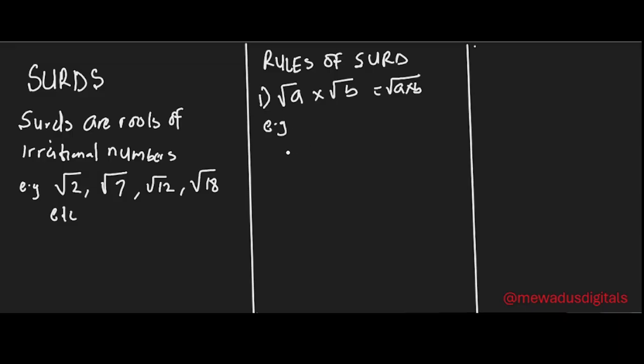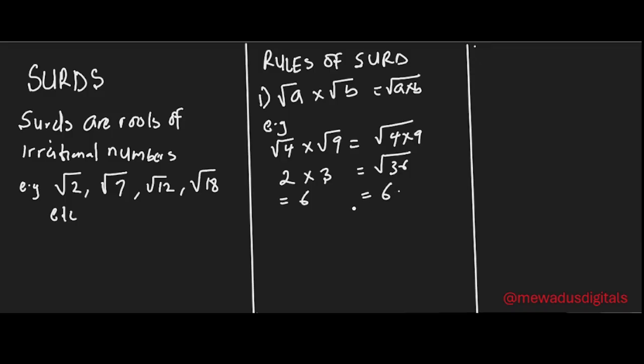Root 4 times root 9 is the same thing as root 4 times 9. Here root 4 is 2, root 9 is 3, and this gives us 6. Root 4 times 9 gives us 36, and square root of 36 gives us 6.